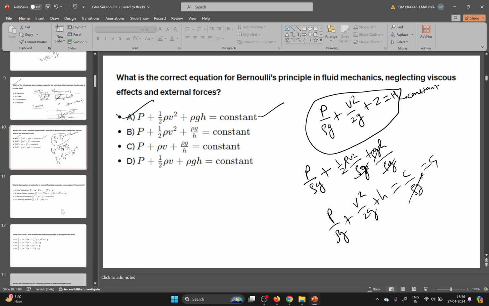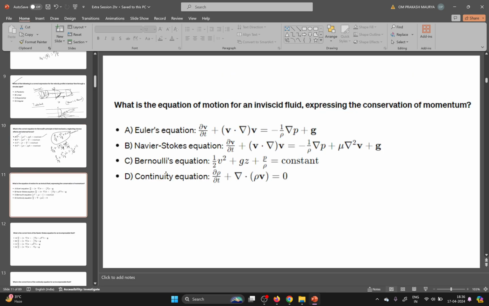Now moving ahead to the next question. What is the equation of motion for an inviscid fluid? We are talking about the equation of motion for an inviscid fluid expressing the conservation of momentum. Whether it is the Euler equation, Navier-Stokes equation, Bernoulli equation or the continuity equation.